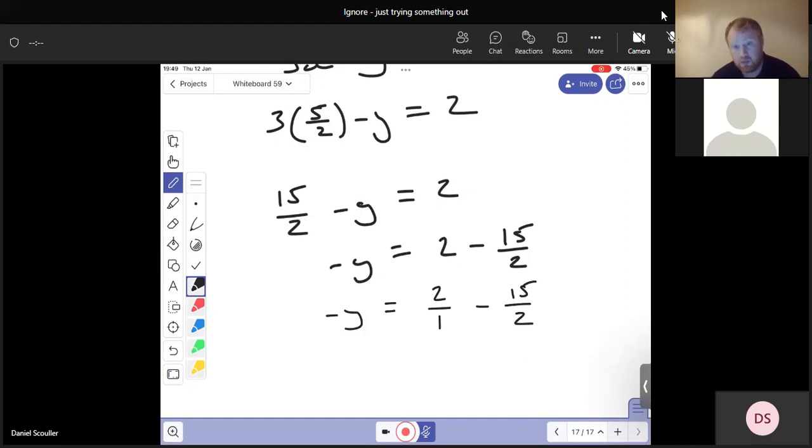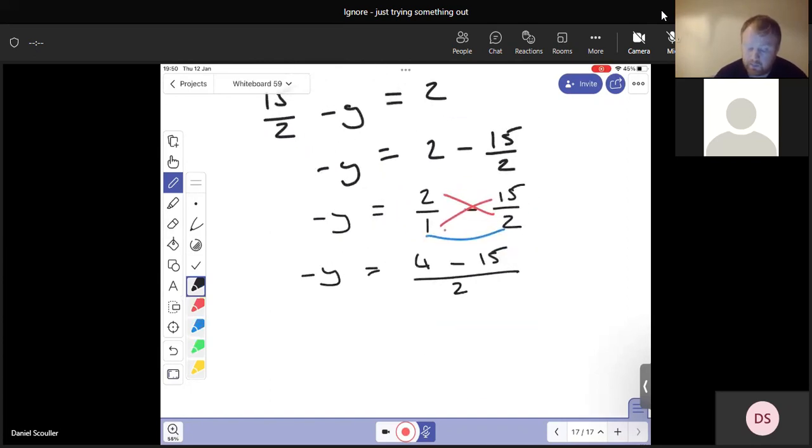When we do the kiss and smile, you multiply 15 and the 1, the 2 and the 2, and then you'd multiply those bottom terms together. 4 minus 15 is minus, it's getting late, minus 11 over 2.